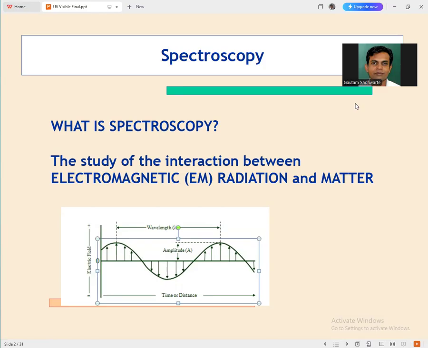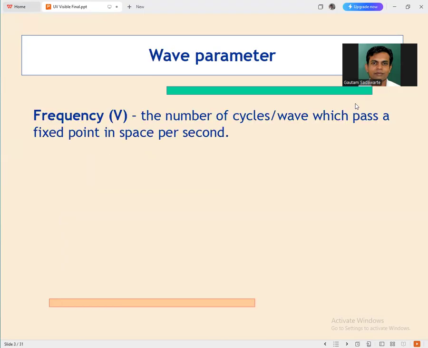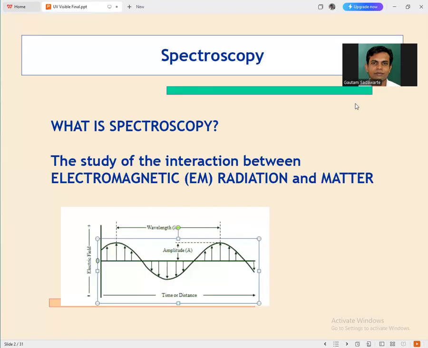So this is a wave. A wave is associated with various terms: wavelength, amplitude. We will see them one by one. These are some of the various parameters. So what is a wave?